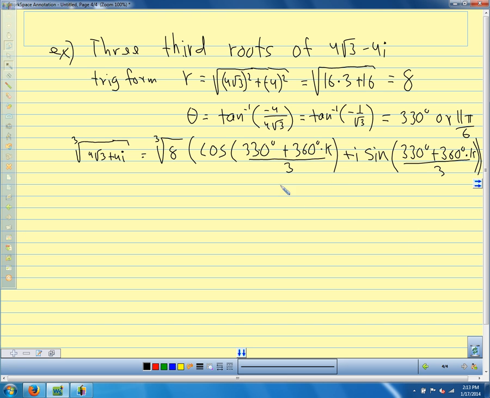And here k is going to be 0, 1, and 2. Because we're using degrees, we write it as 360 rather than 2 pi. So we're going to do the same thing, k equals 0, and what we're going to do for this one is, what is 360 divided by 3?